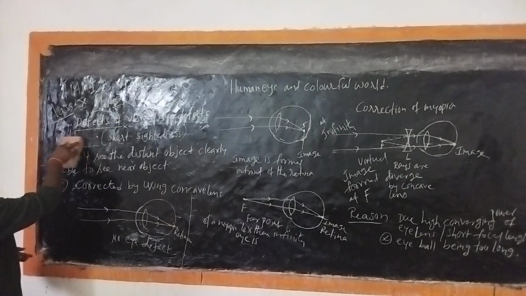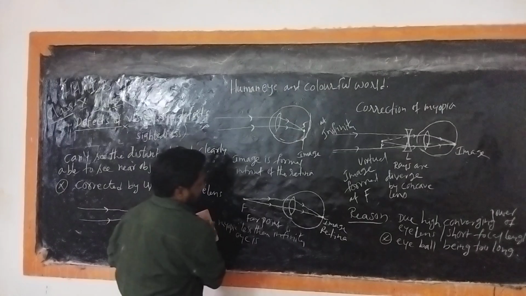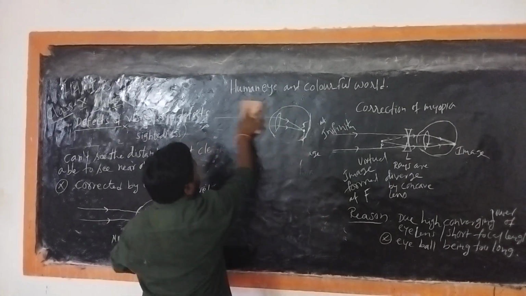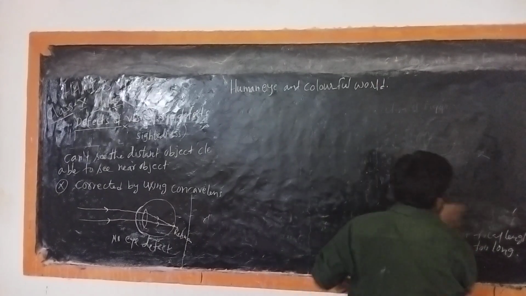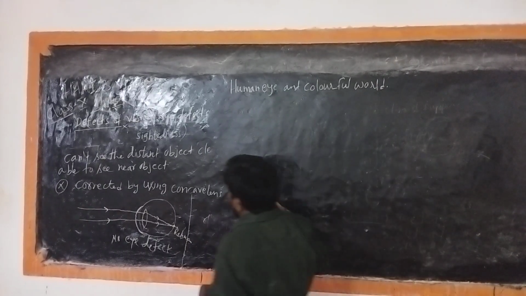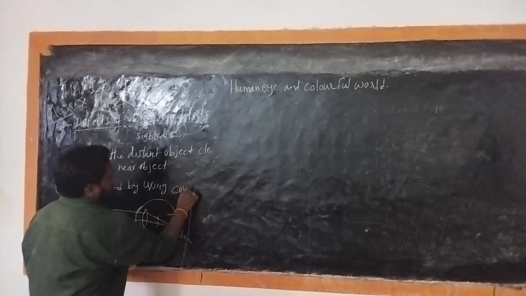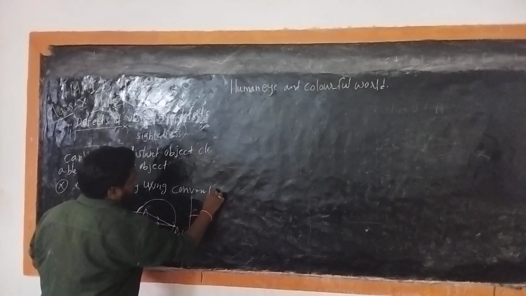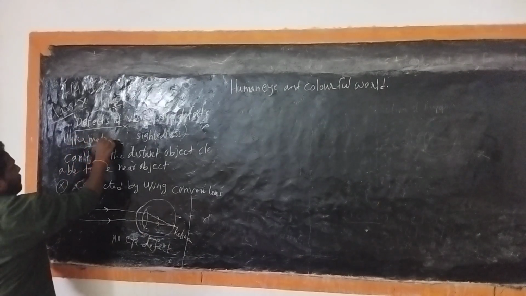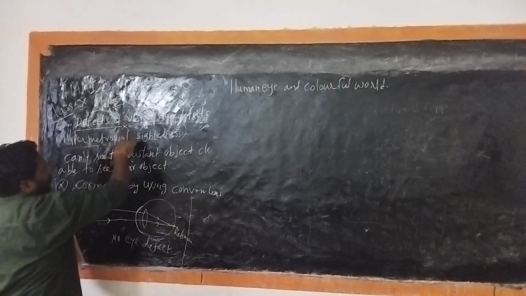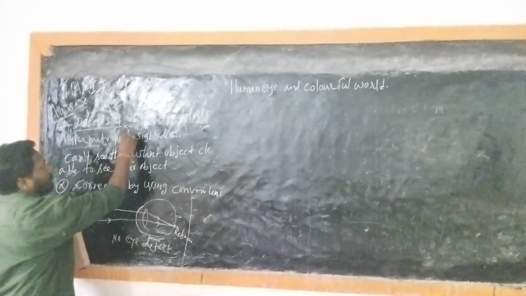When myopia is completed, then coming to the second eye defect, or defect of vision, hypermetropia, or we can say far-sightedness or long-sightedness.